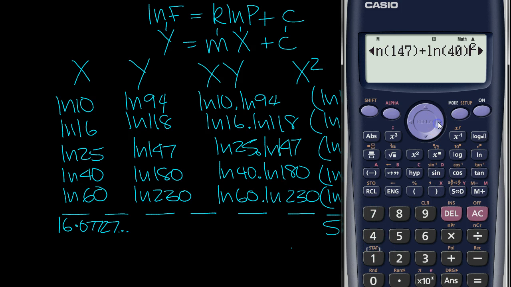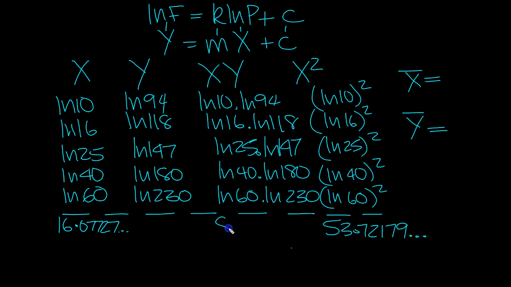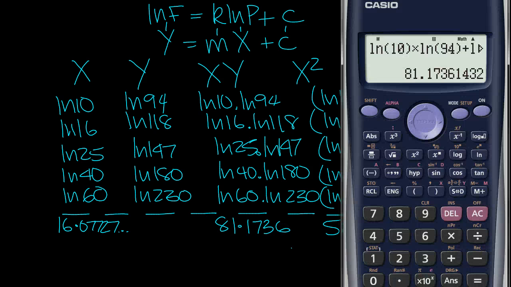And then the next one times log 180. Okay, and then the last one, 60 times log 230, close the bracket. So that's that column: 81.1736.